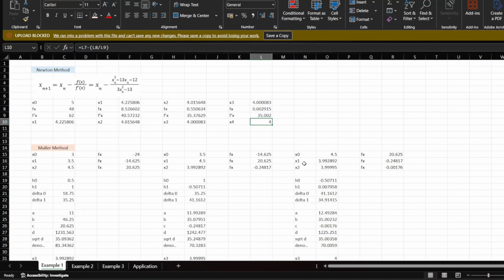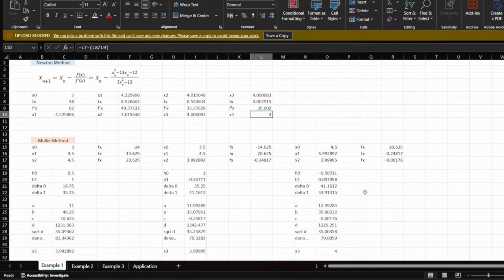So this is our Newton method. Coming to the Mueller method, we can see that they use quite a few more steps than the Newton method. For the Mueller method, we need at least 3 points. So we use x0, x1, and x2, which are 3.5 and 4.5.